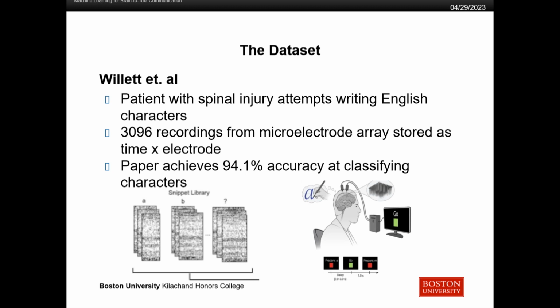So it's best to analyze them using statistical techniques that look at their cross correlations and interactions with one another. So in order to do that, I used a data set recently published by Willett et al.